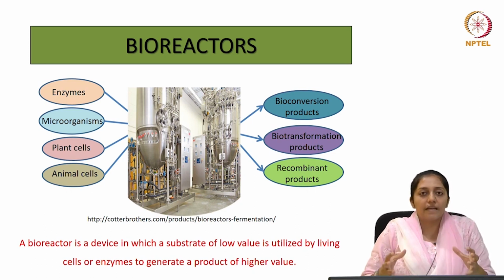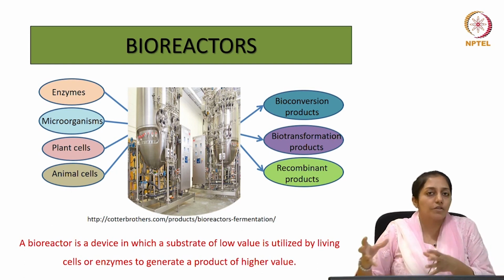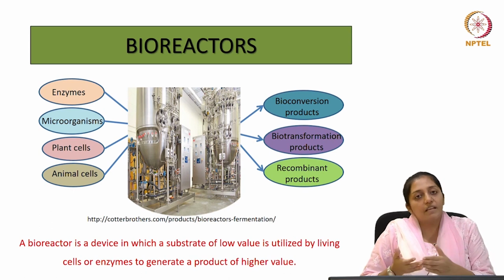So, inside this device which we call a bioreactor, there are different kinds of production platforms which are used to convert a low-cost substrate to a high-cost product. Now, the different production platforms which are used in industry vary greatly.